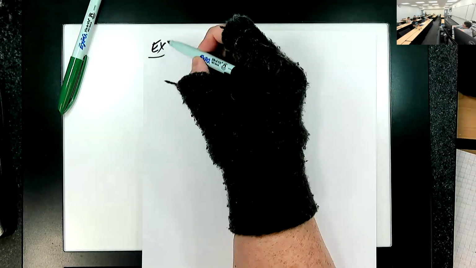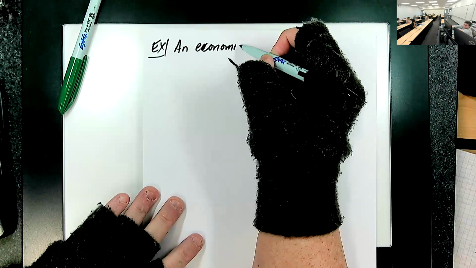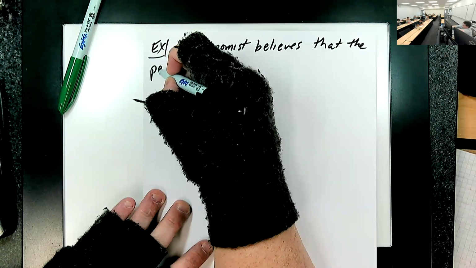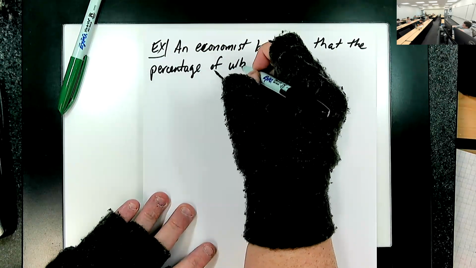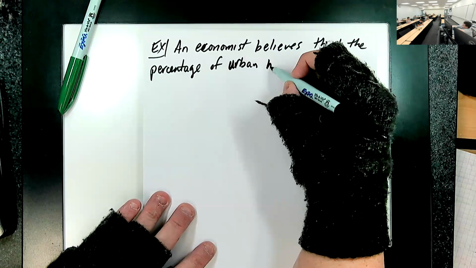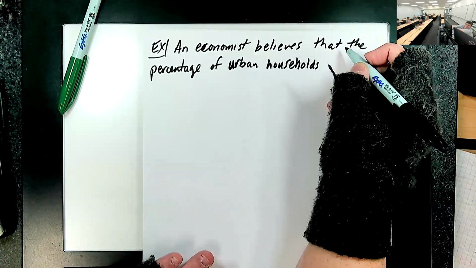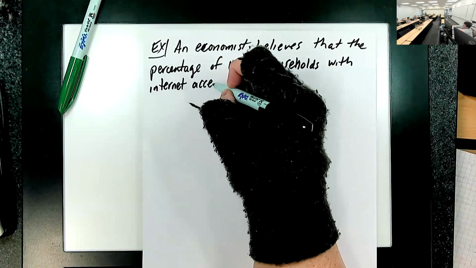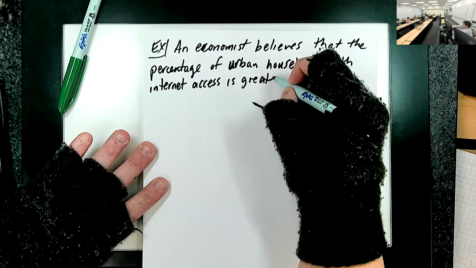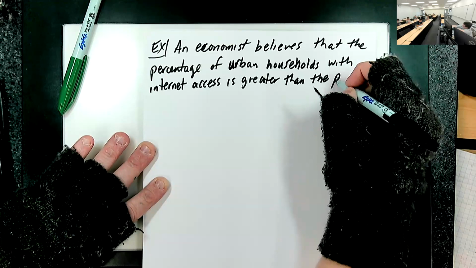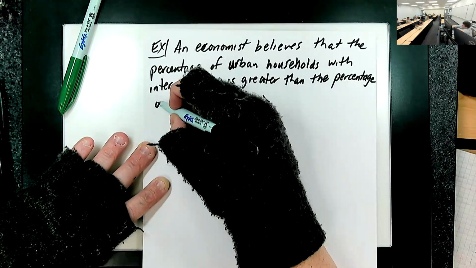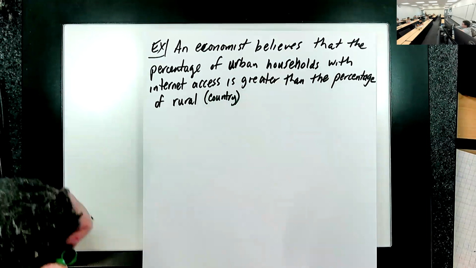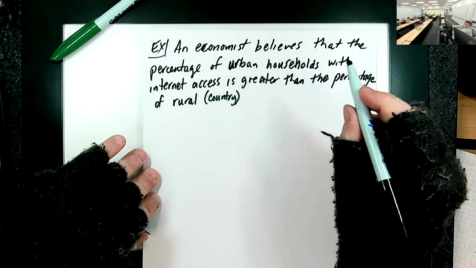So an economist believes that the percentage of urban households with internet access is greater than the percentage of rural, which I'm just going to start calling country because I sound like a moron when I say rural. It just doesn't sound right. They're country houses. Percentage of country households with internet.